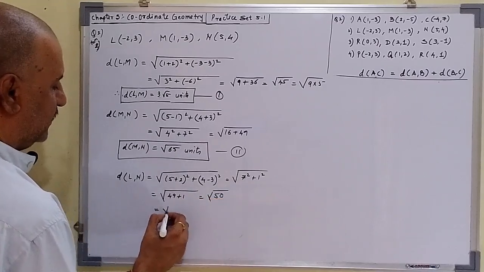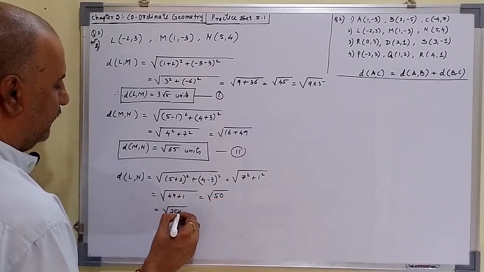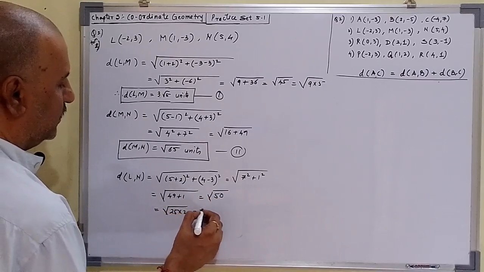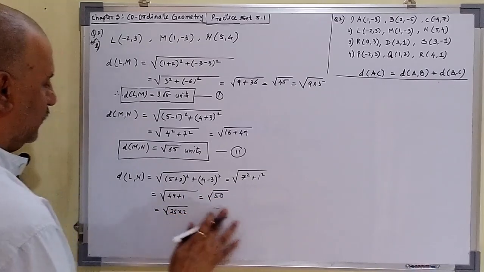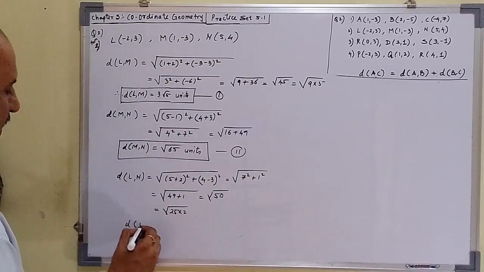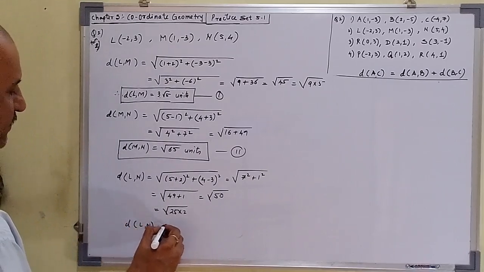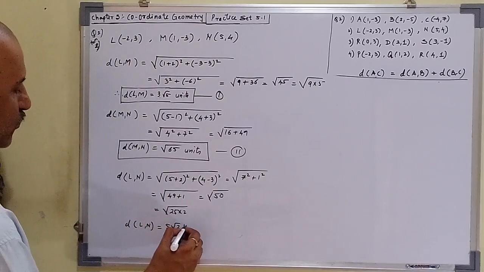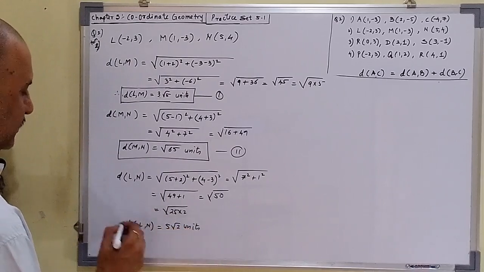This can be written as 25 into 2, that is 5 root 2. So distance LN is 5 root 2 units.